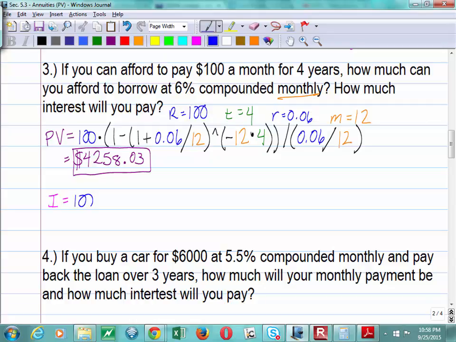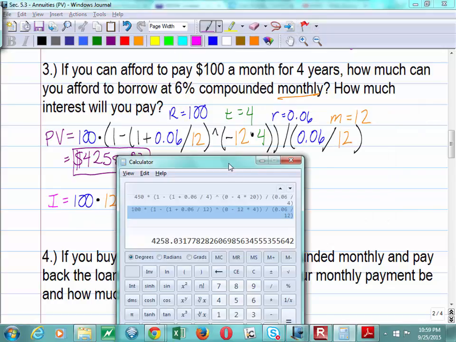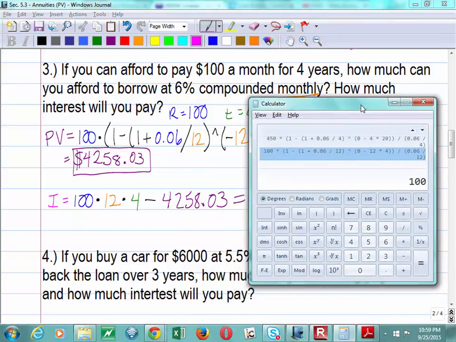So you paid $100 a month times 12 months in a year times 4 years minus the amount you borrowed, which is $4,258.03. So that's $541.97.